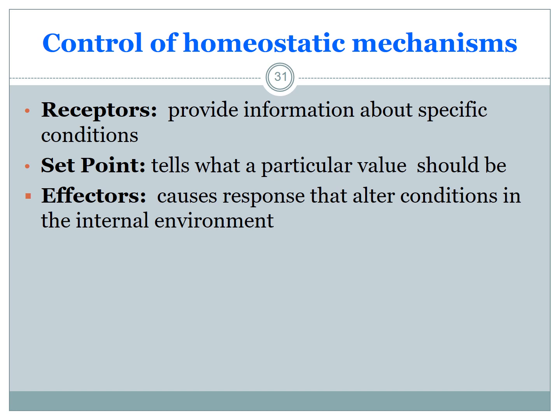So there are receptors that are sending information all the time to the hypothalamus, which is interpreting these stimuli to see whether a deviation has occurred. And then there needs to be some type of effector, some type of response.